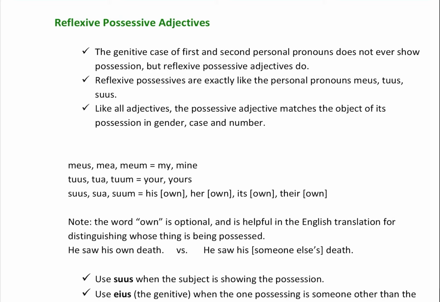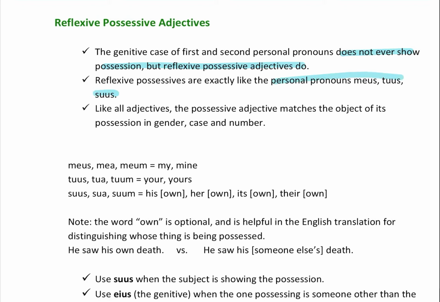Reflexive possessives are exactly like meus, tuus, and suus that you've already learned. We don't even need a new chart for them.